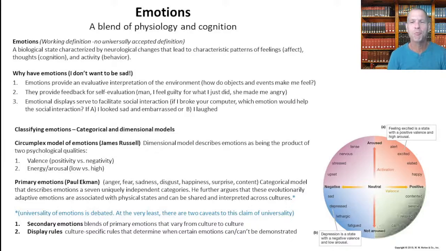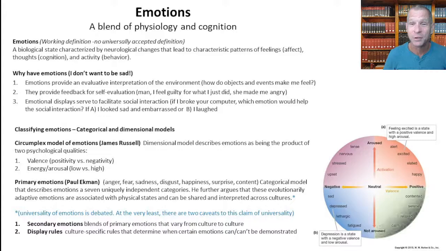Okay, so let's talk briefly, just to introduce emotions. There are not any real set definitions of what emotions are; depending upon what scientific angle you're coming from, you may have a different definition. But let's say that they are some sort of biological state characterized by neurological changes that happen in the brain.